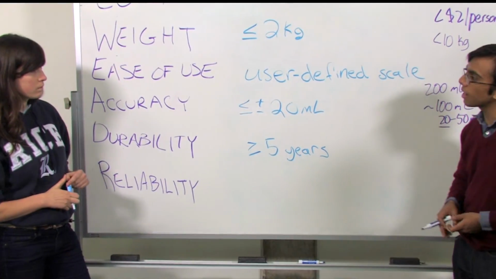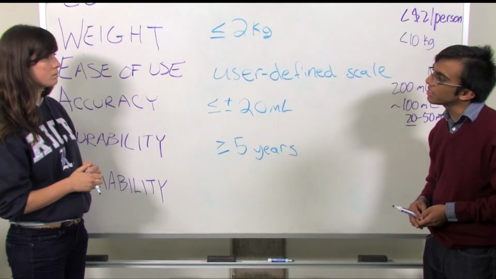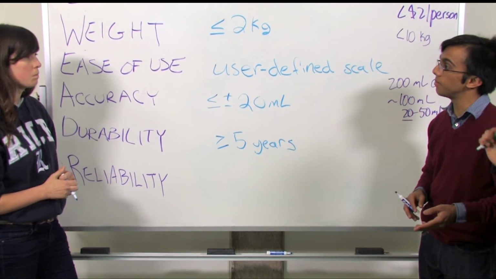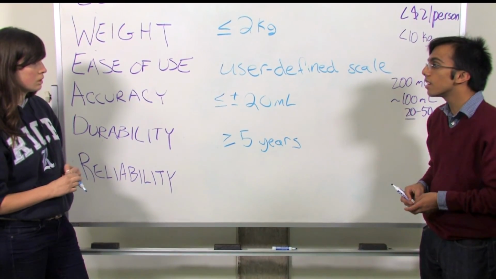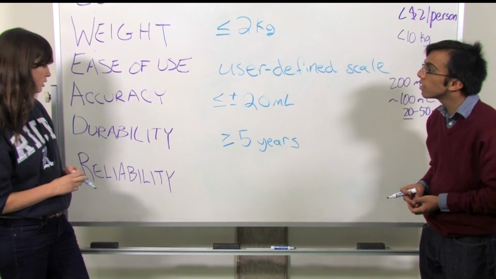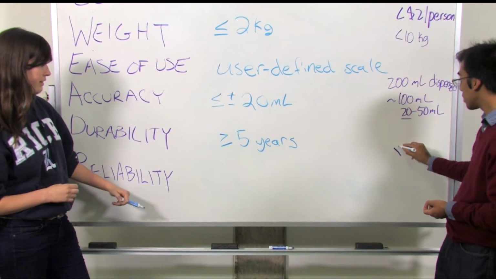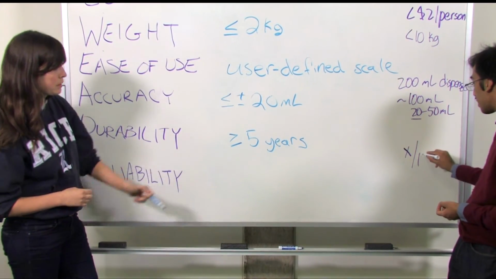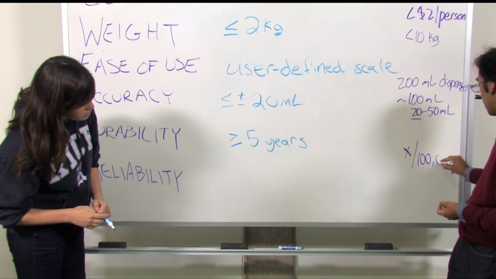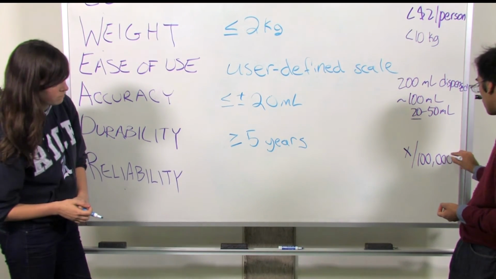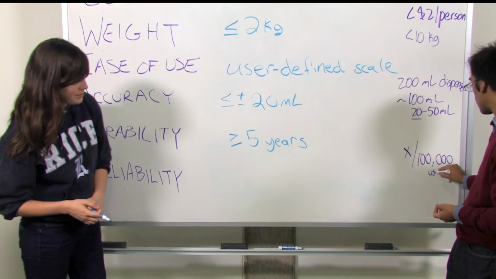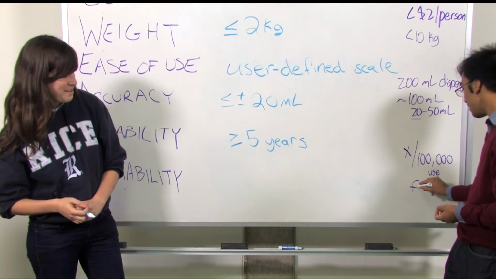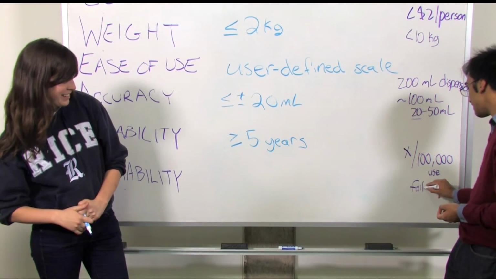One thing I read about was that one way to quantify reliability is a failure rate, like X times in 100,000 uses. So reliability would be quantified by things going wrong, and we want to minimize that. Since a patient's life is at stake, hopefully 0, but I guess that's not very realistic.